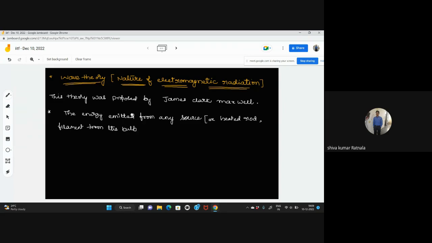So the energy which is coming from any source you can take. For example, even if you are taking a normal tube light also, you can compare. The energy emitted from any source is emitted continuously in the form of radiations.